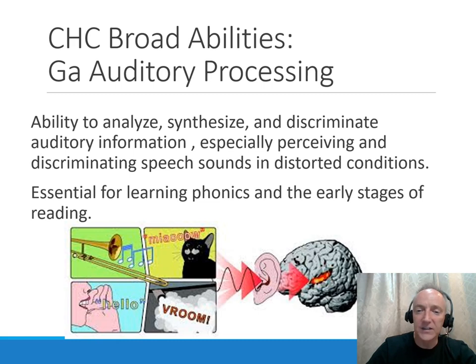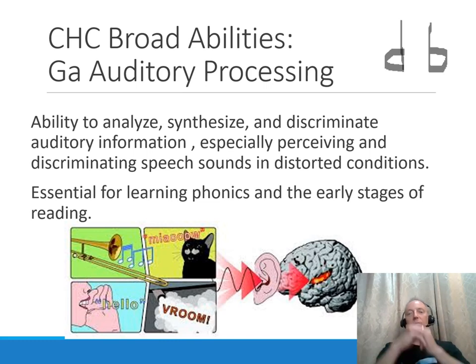Now, in the past, a lot of people would think that if you had a reading disability, if you had dyslexia, it was probably due to something visual, because a common thing would be kids with dyslexia tend to get letters reversed. So things like D and B, and get them confused.